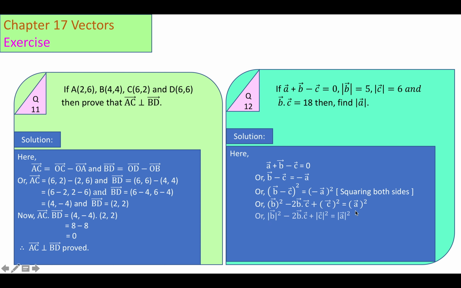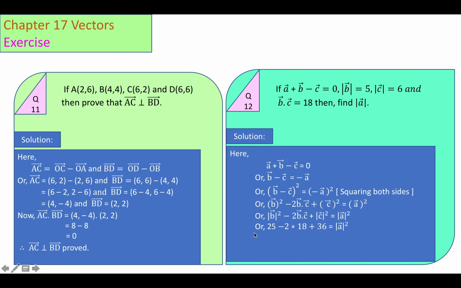In place of vector b square we write magnitude of vector b square, and in place of vector c square we write magnitude of vector c square, equals magnitude of vector a square.